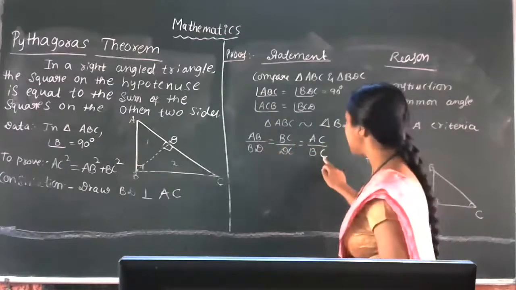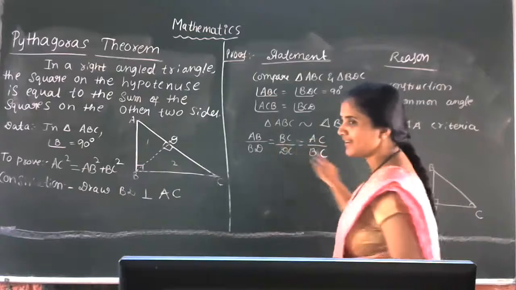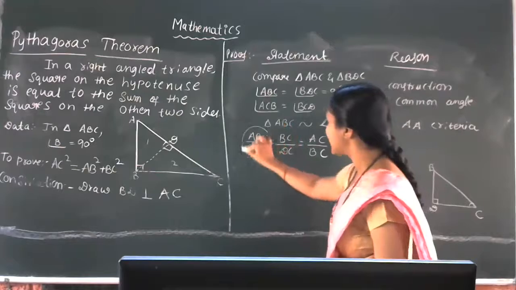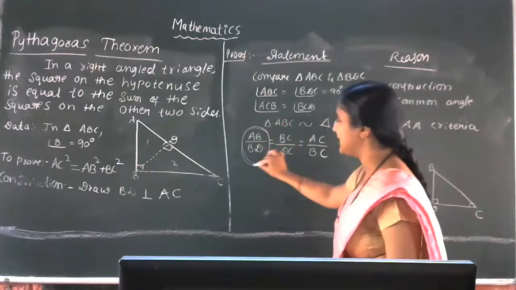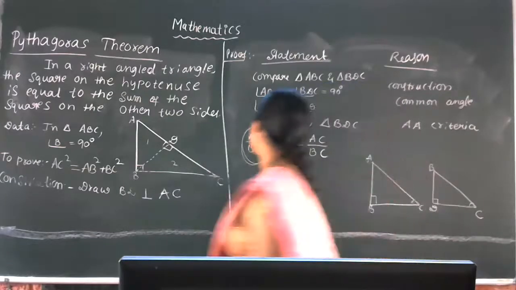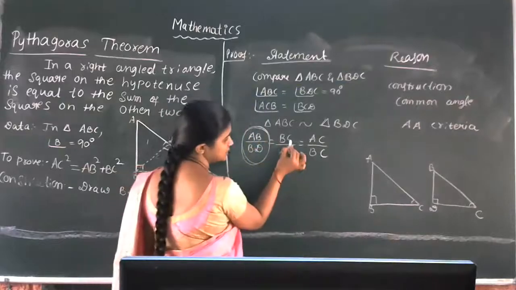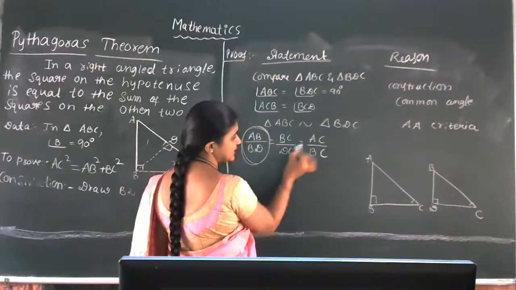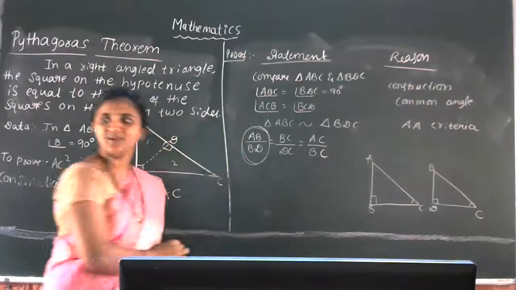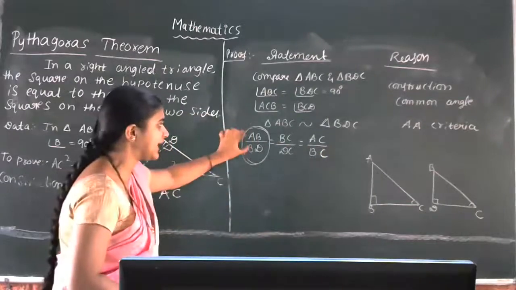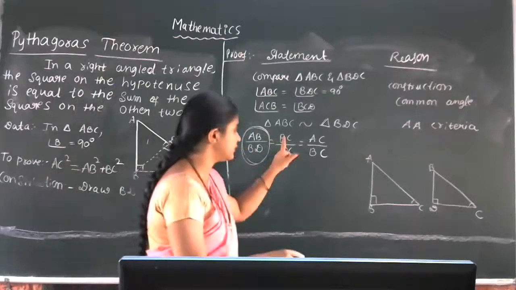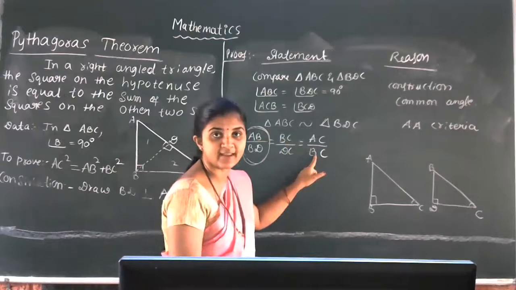AB square plus BC square, which is equal to, in the RHS part, AD into AC plus AC into DC. Got the idea how to add the equations? After adding the equations, we'll get this condition.